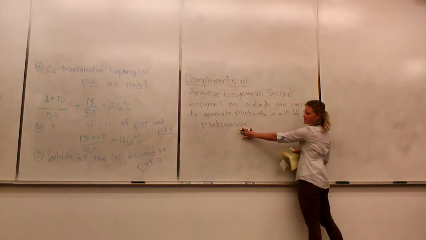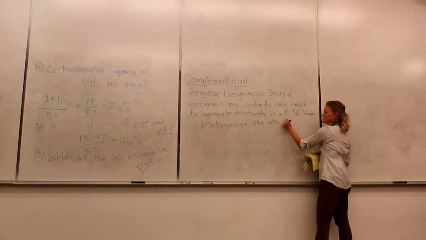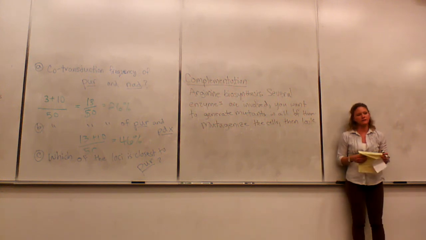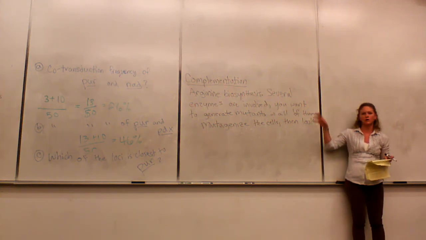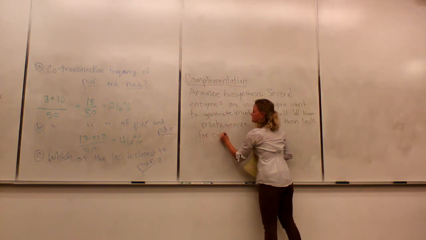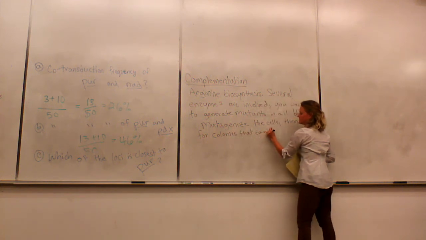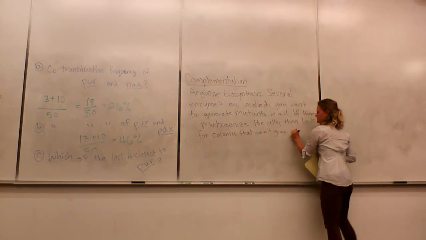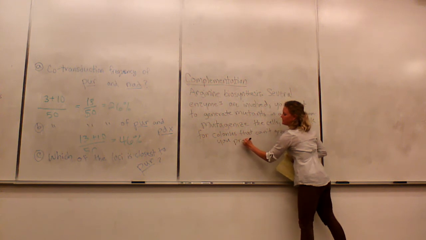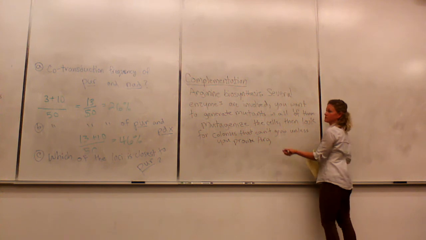But somehow you're going to mutagenize the cells, and then you're looking for colonies that can't grow unless you give them arginine. Essentially, these are all auxotrophs for arginine.